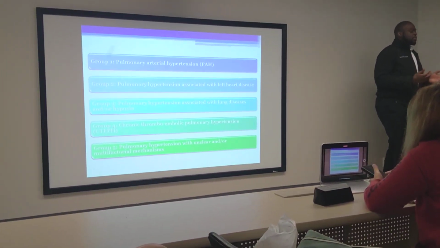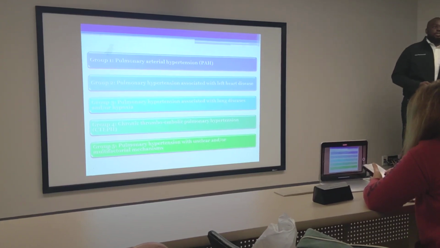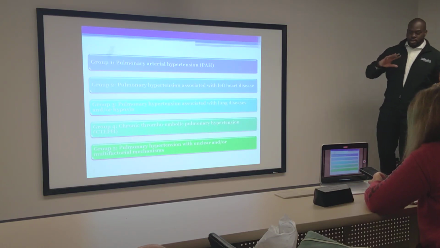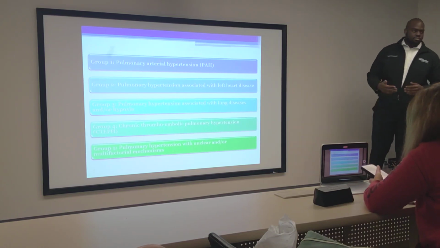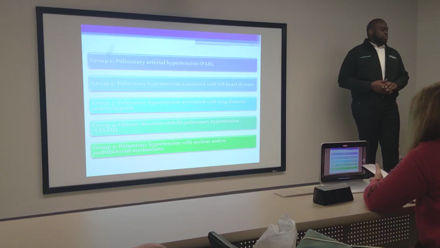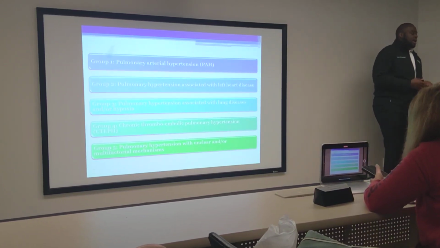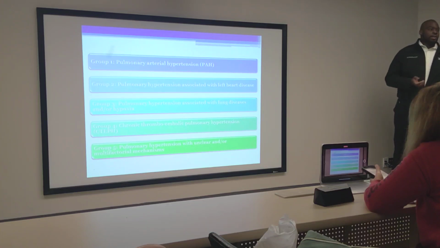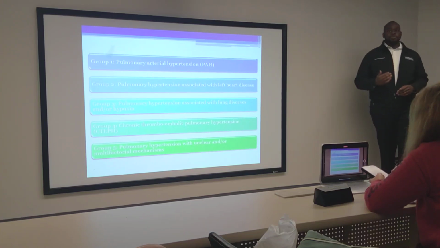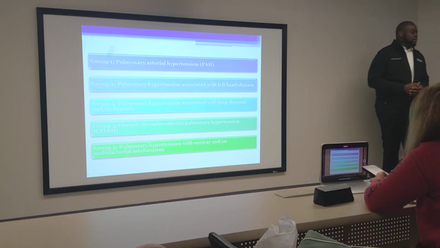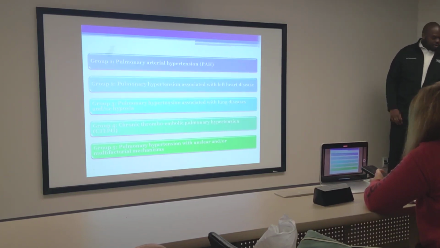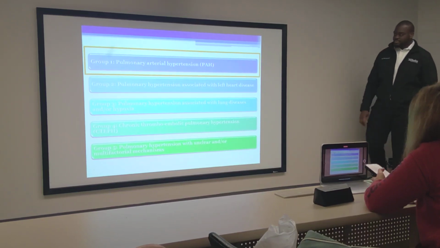Group 4 is chronic thromboembolic pulmonary hypertension, also known as CTEPH, which is more of a thromboembolic state that is managed by treating with anticoagulation. And lastly, group 5 is pulmonary hypertension with unclear or multifactorial mechanisms. See, there are a lot of groups, but the only one we're focusing on is PAH.